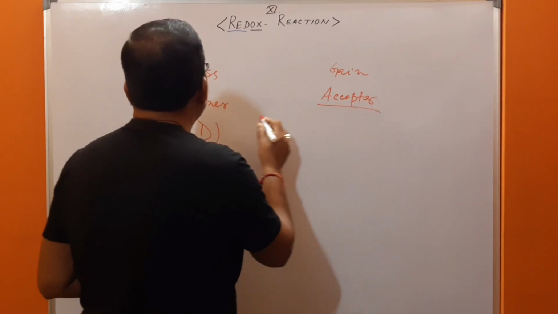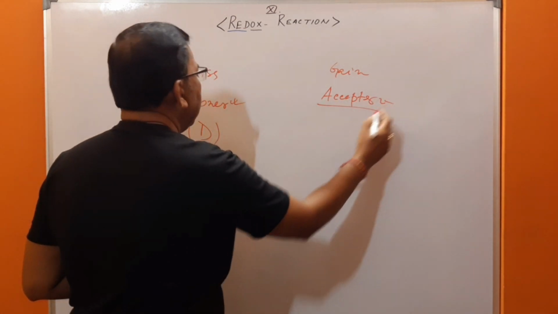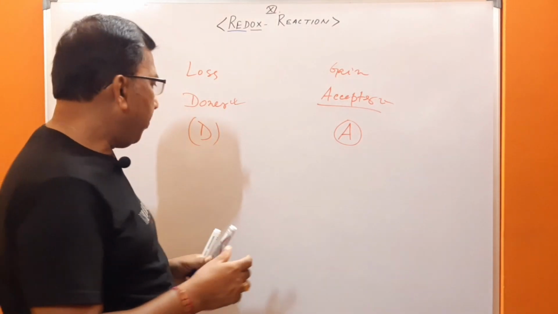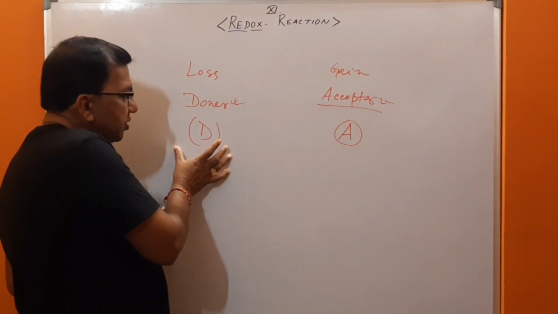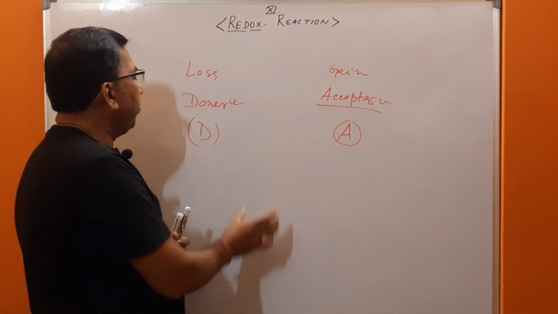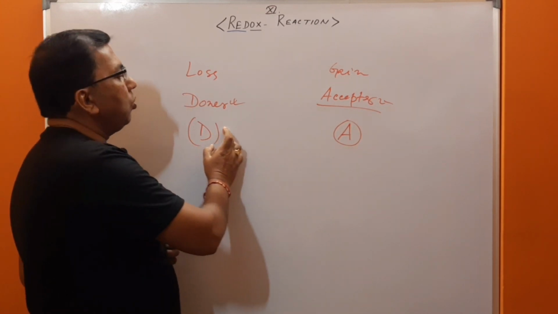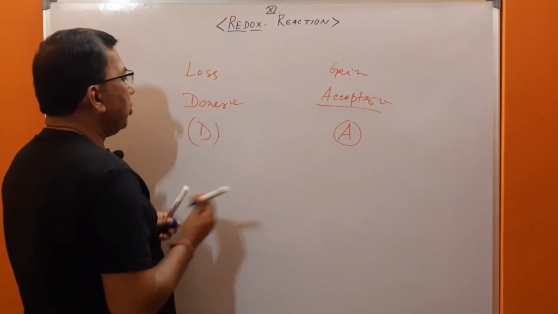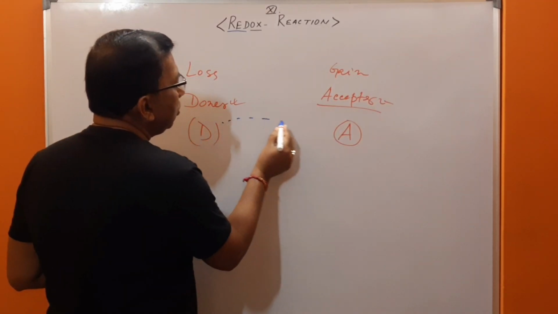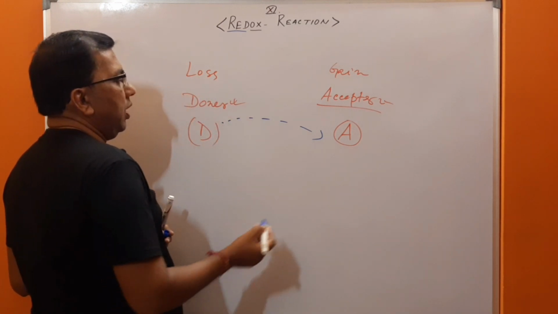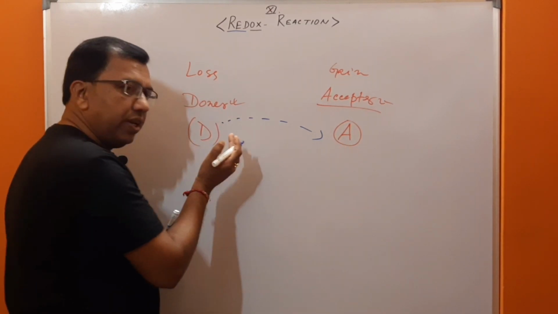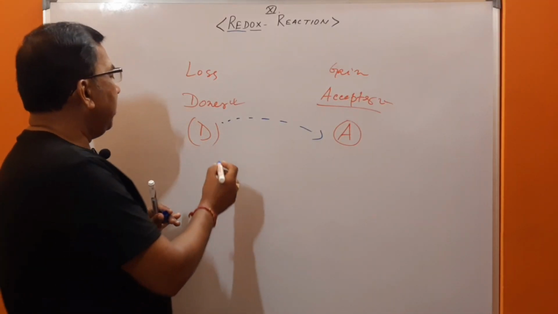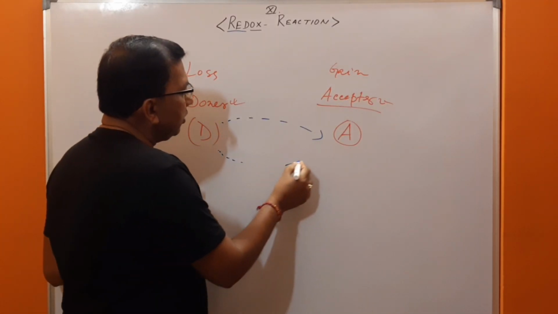These are the two elements: element D and the other element A. This element D donates electrons to A, or A accepts the electron from D. D donates, so it is the donor.